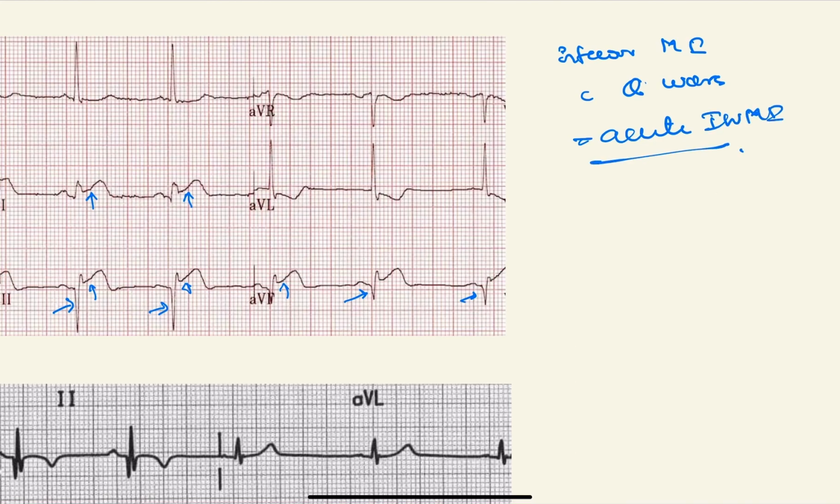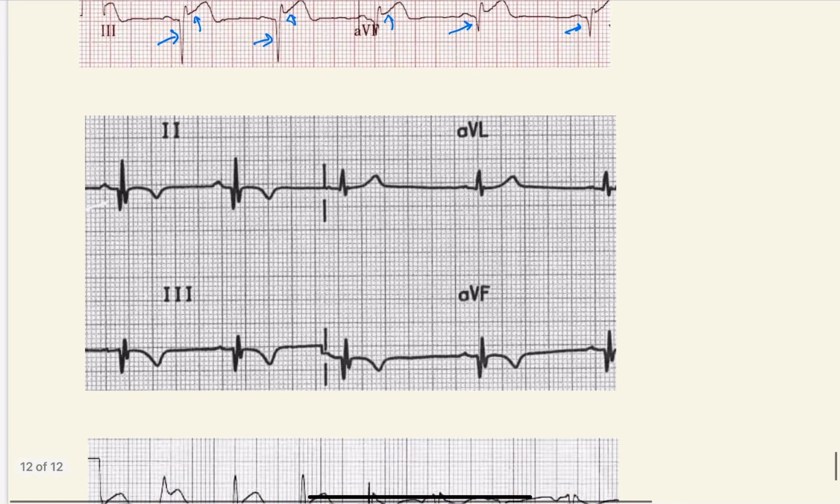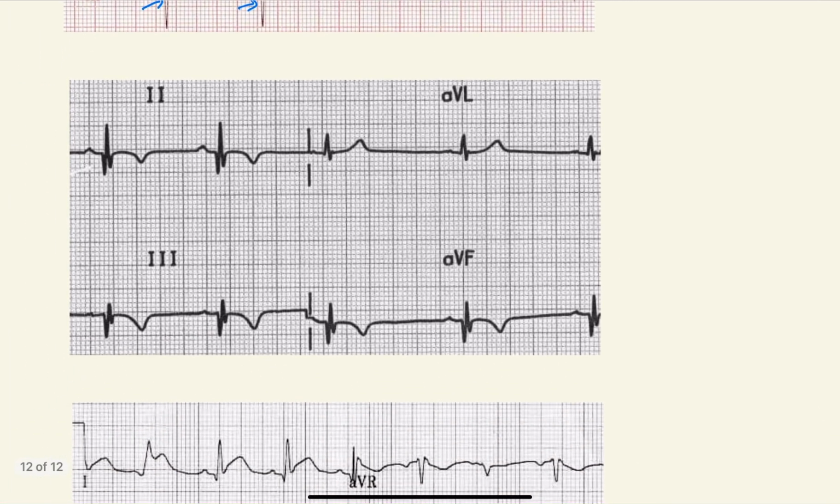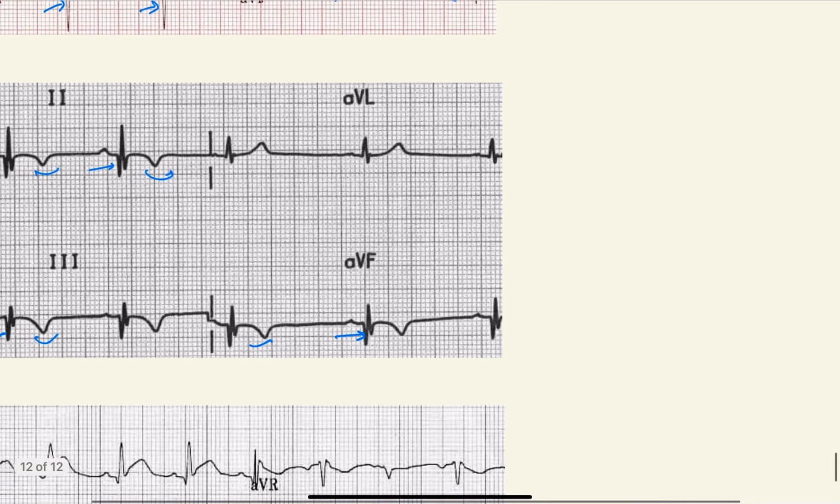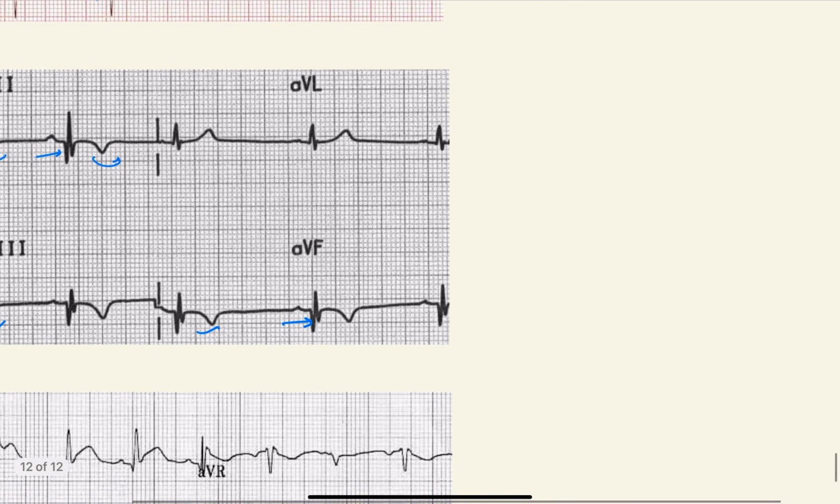The diagnosis here is acute inferior wall MI. And the next ECG shows Q waves in 2, 3, AVF and T wave inversion. So this is also inferior Q waves with T wave inversion. It is due to a previous MI, previous inferior wall MI.